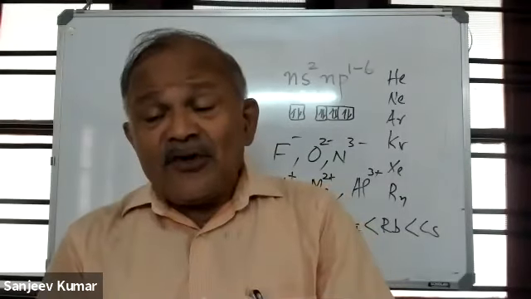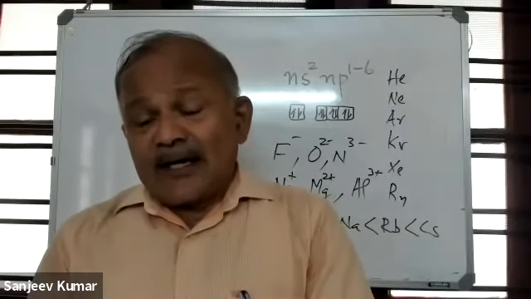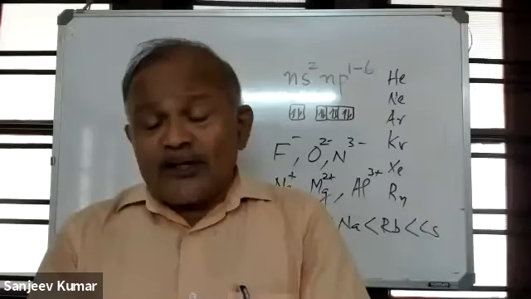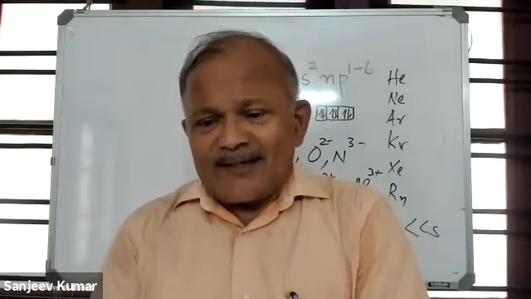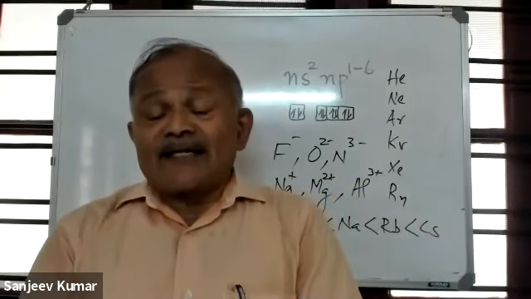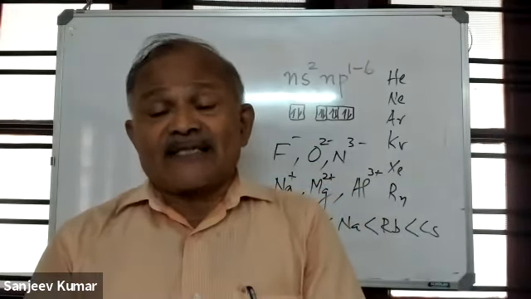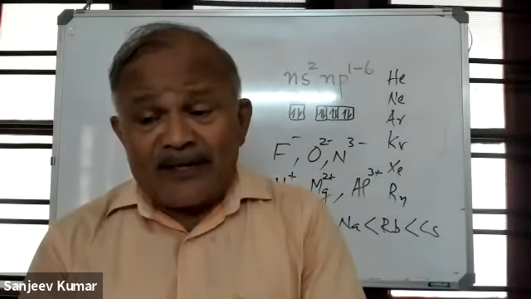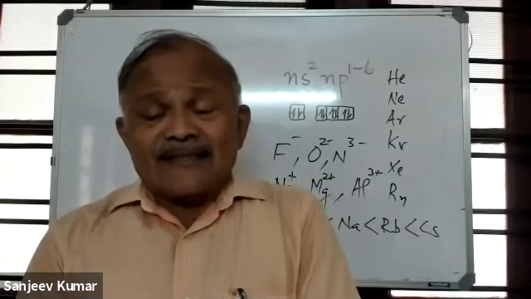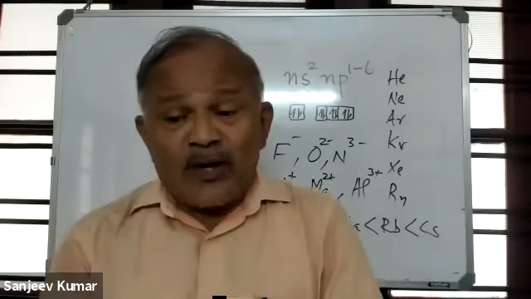If it were 3d4 4s2, the s orbital would be fully filled, but the d orbital partly filled. If it is 3d5 4s1, both orbitals are half-filled and it has extra stability. That is why the electronic configuration of chromium is 3d5 4s1.